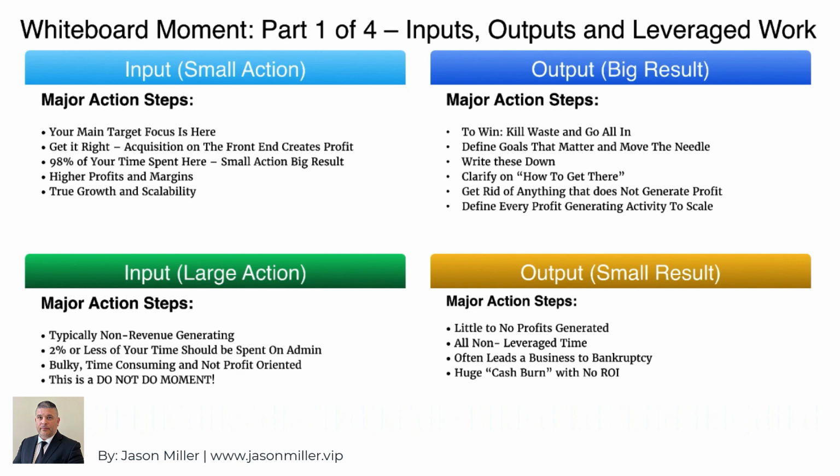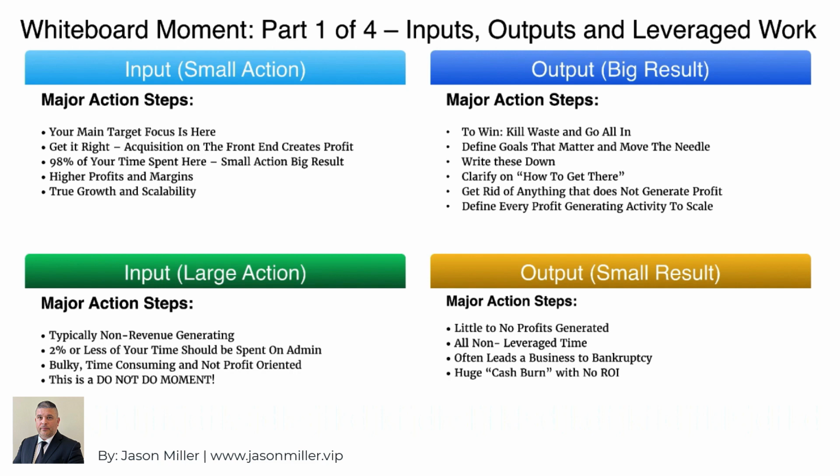Okay, and we really need to focus on that front part of this. Okay, is defining those profit generating activities to really do the scale. Okay, because at the end of the day, an input, small action, output, big result, that big result equals bigger profits, bigger margins, and scalability, that hockey stick scalability.